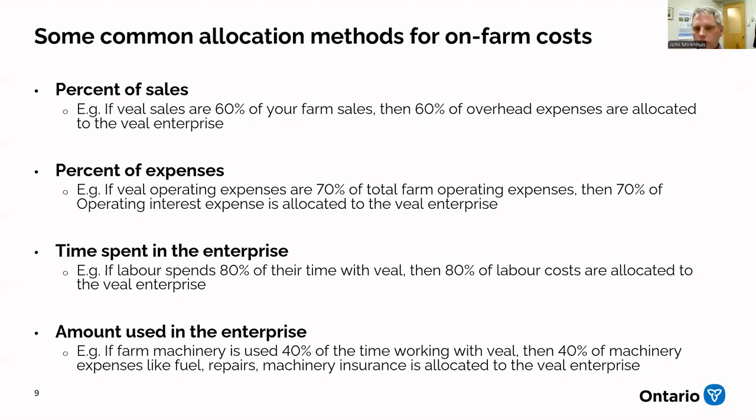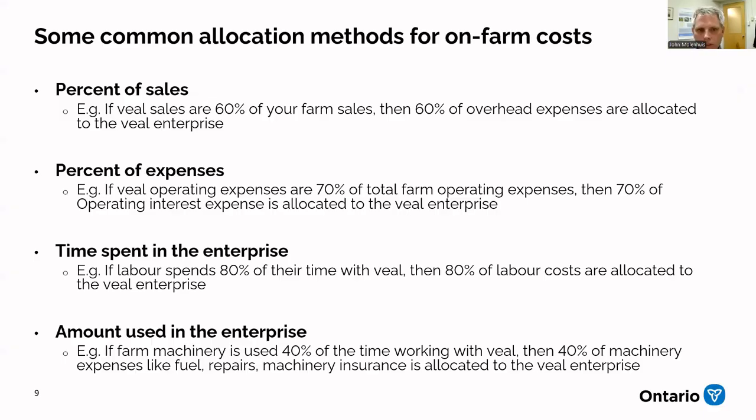The amount of time you spend in the veal operation can be how you allocate the hired labor portion to the veal, and equipment costs like fuel, machinery repairs, and depreciation could all be based on some assessment of how much is used by the veal operation. And like I say, it's as much an art as it is a science.